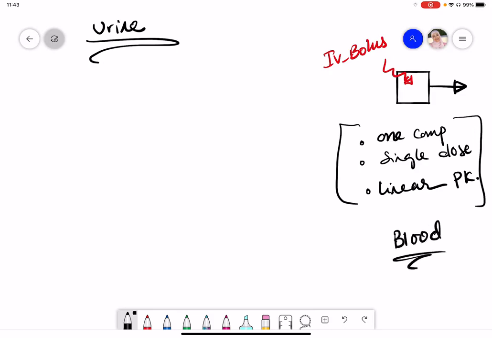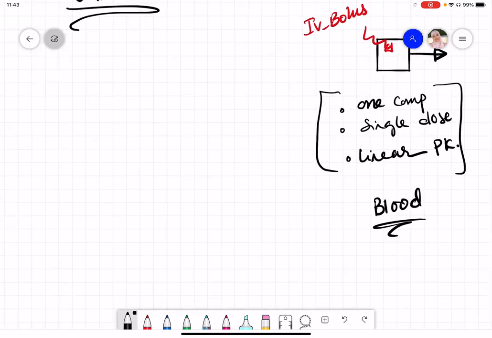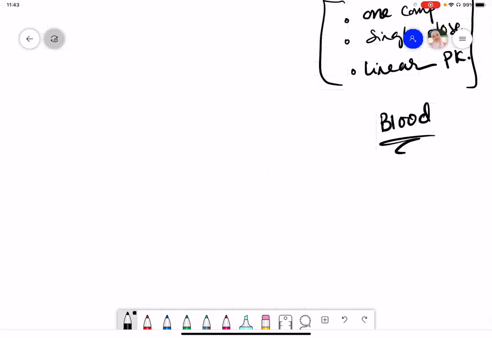as we already mentioned earlier, the equation that we used from sampling from the blood, at which we had concentration in the plasma versus time at different profiles, right?